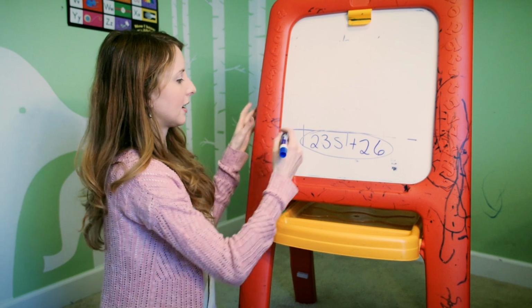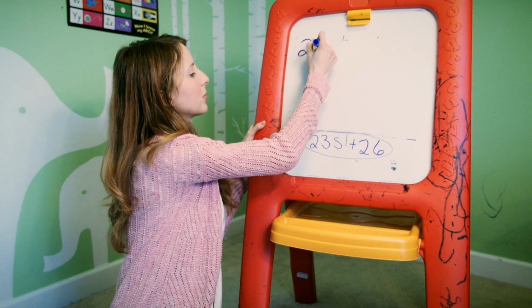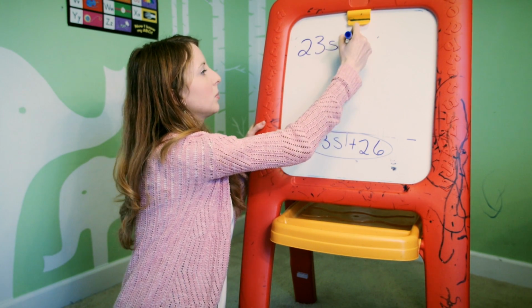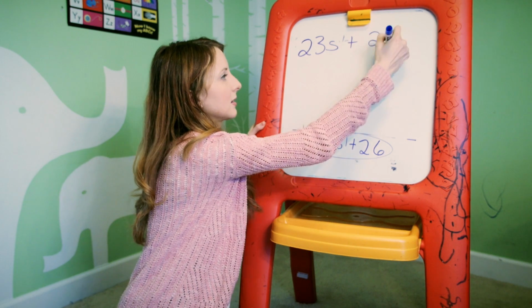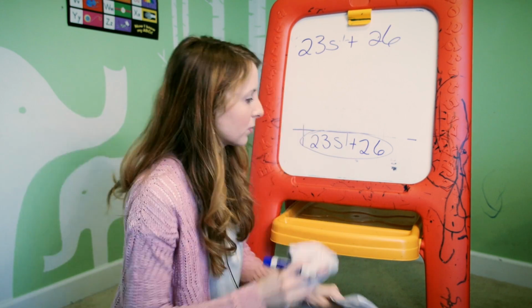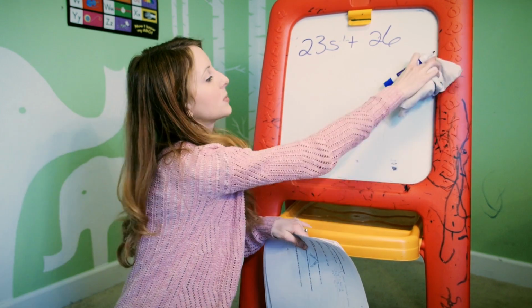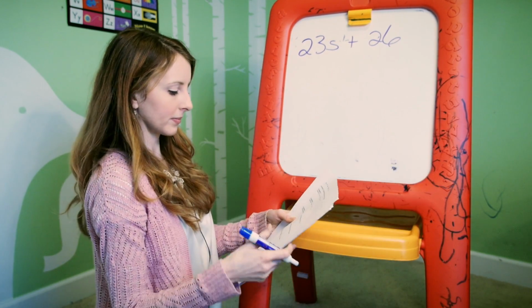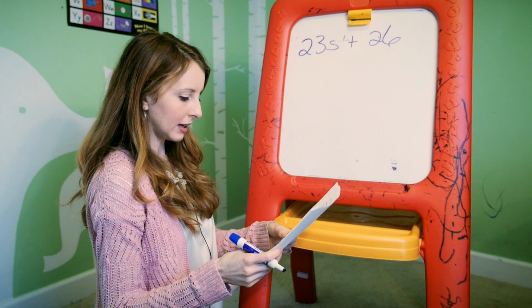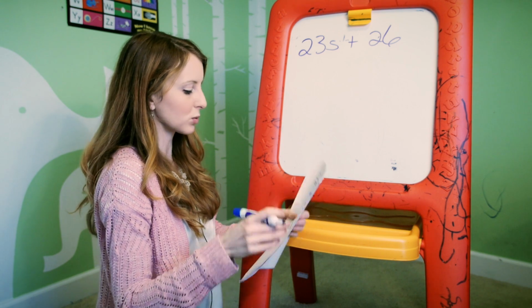I have 23s plus 26. And I'm going to write the value of that second known side, and that's going to be 10s plus 20.